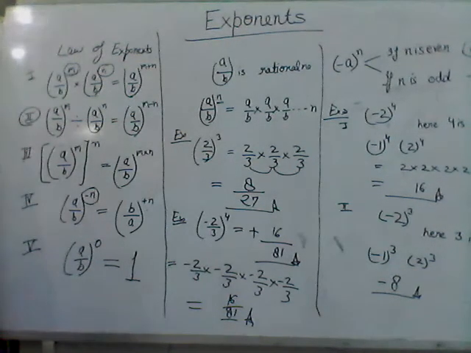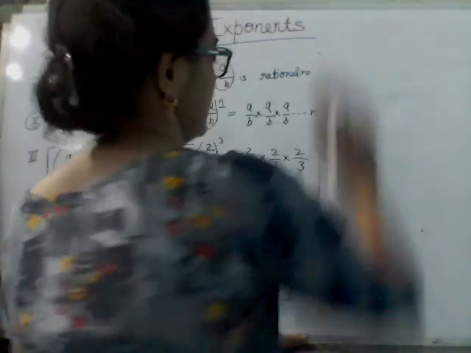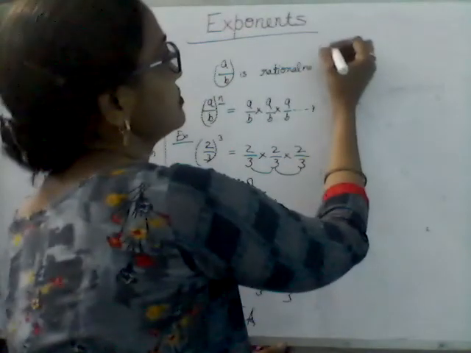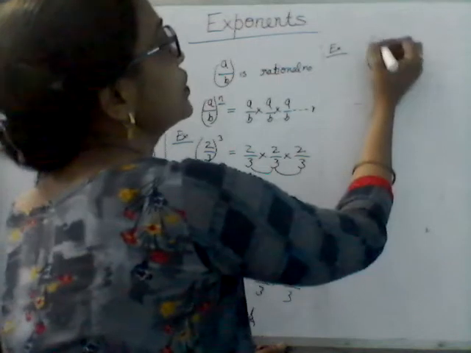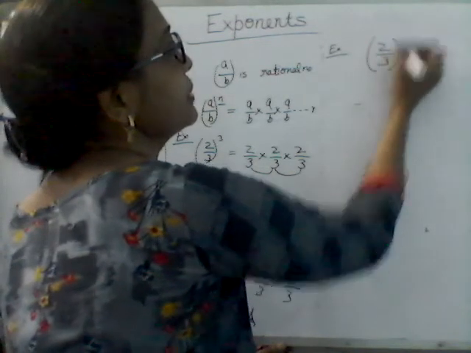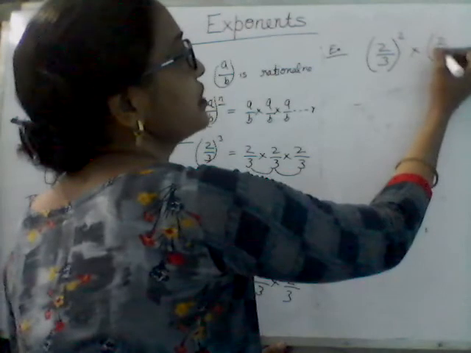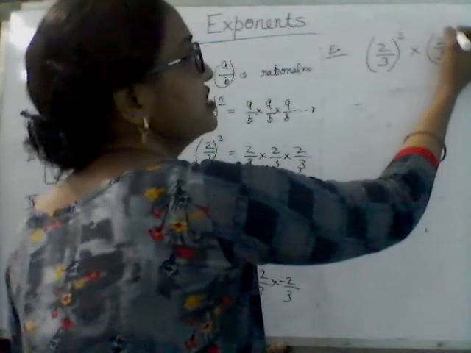Now we explain these laws with examples. Let us take an example: (2/3) to the power 2 multiplied by (2/3) to the power 3.